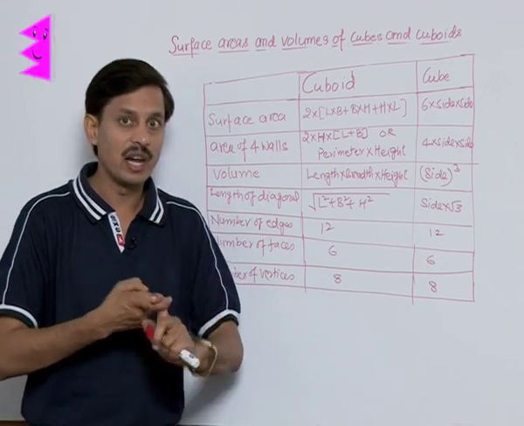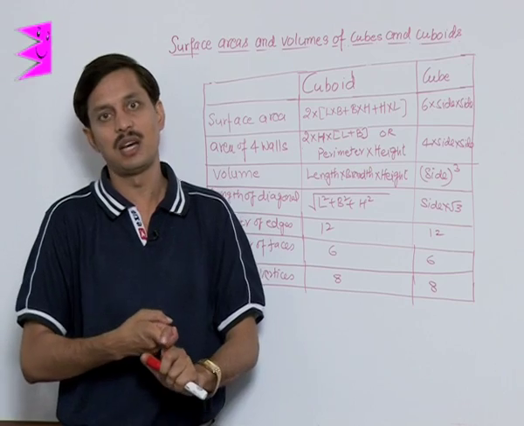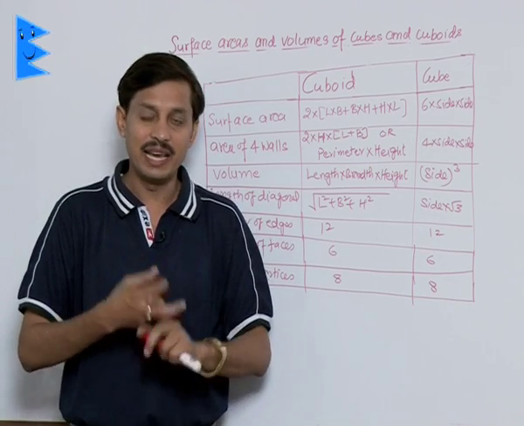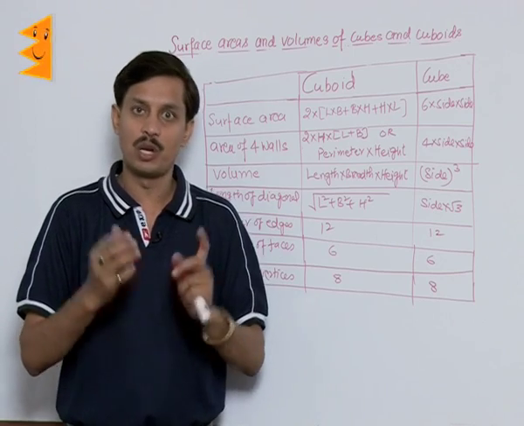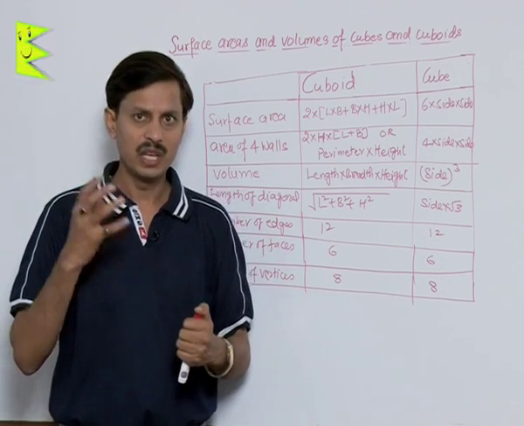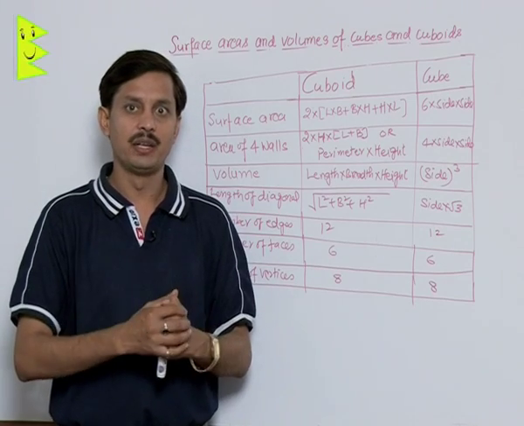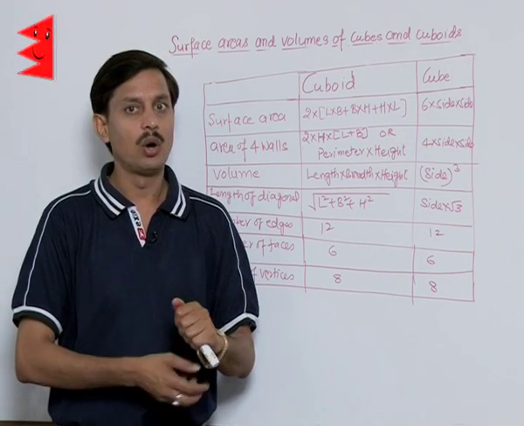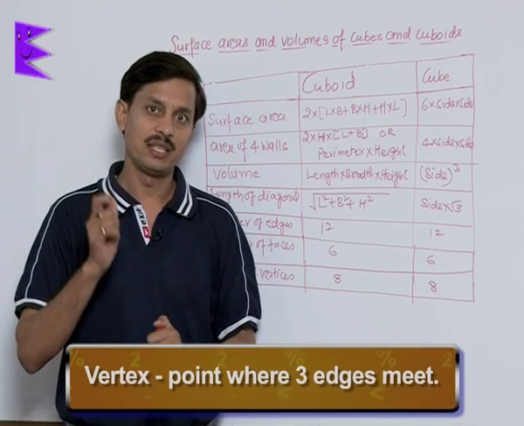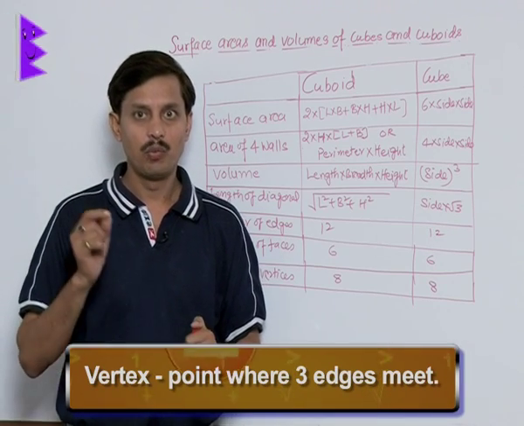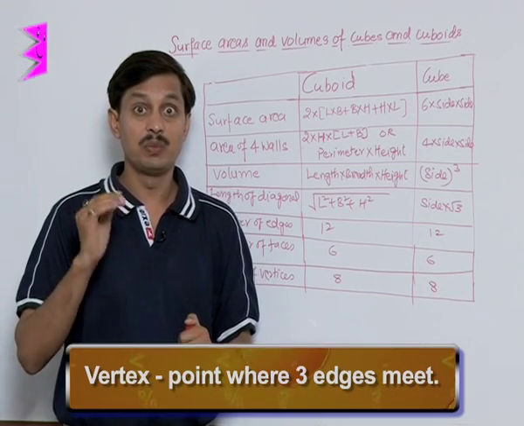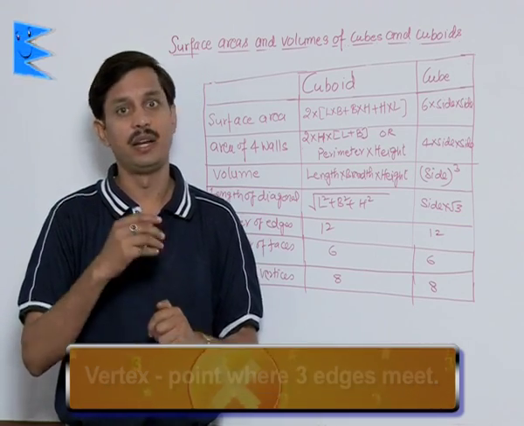So, how many surfaces are there in a cube or cuboid? 6. How many edges? 12. How many vertices? 8. A vertex is the point where your 3 edges meet, that is length, breadth and height.